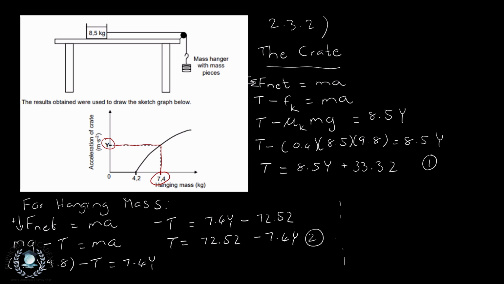Alright, let me write this. We're trying to find our y, so let's substitute our equation 2 into 1, and we're going to find that we have 72.52 minus 7.4y being equal to 8.5y plus 33.32.